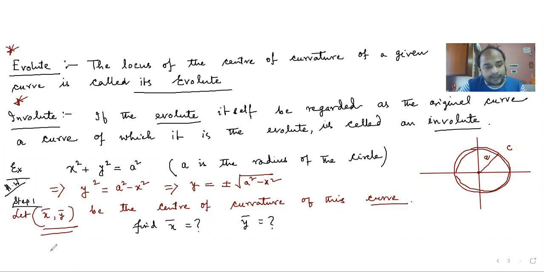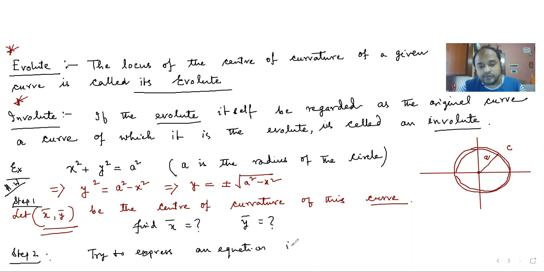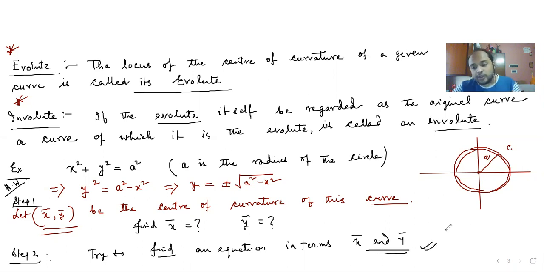Okay, and step number two is to try to find an equation in terms of x bar and y bar, which will be the locus of the center of curvature.